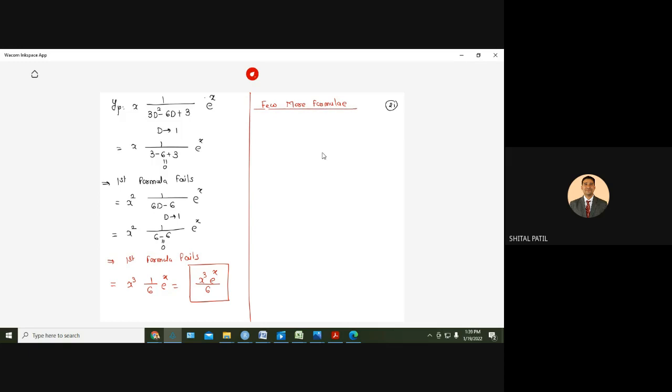Few more formulas. See towards the board and understand. I have an exponential function y equal to a raised to x. Let me take log on both sides. What will I get? Now let me take anti-log.